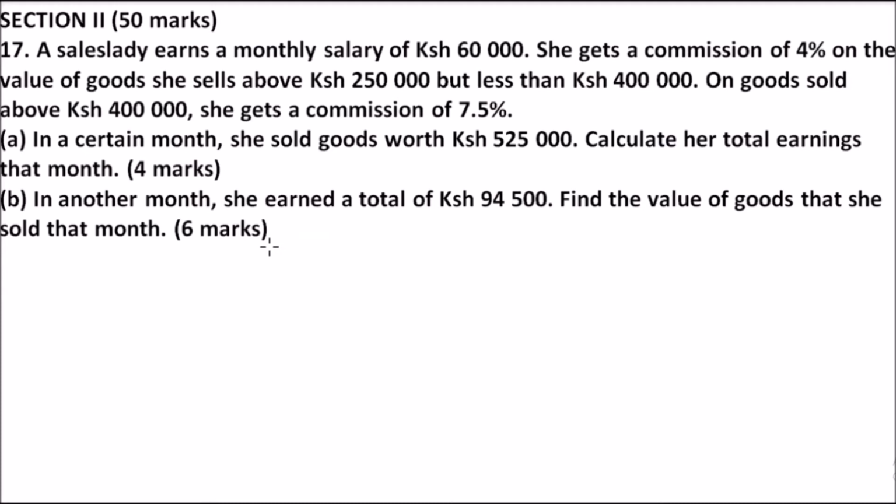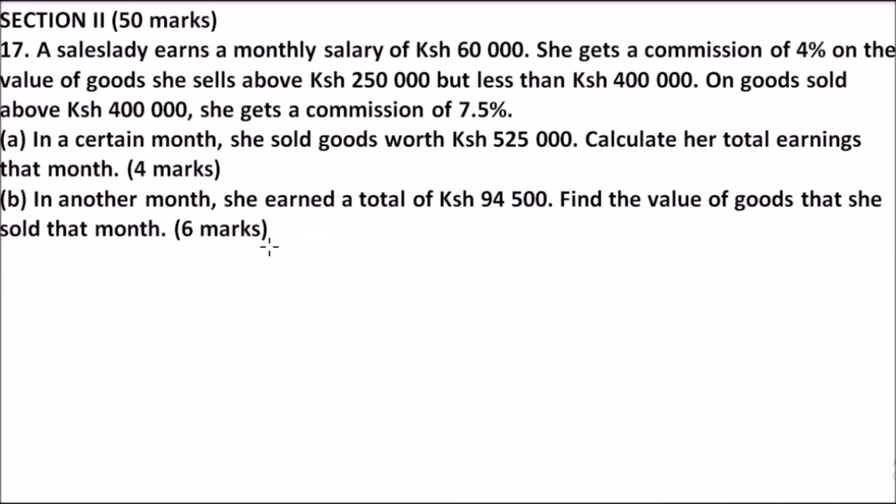On goods sold above 400,000 Kenyan shillings, she gets a commission of 7.5%. In a certain month, she sold goods worth Kenyan shillings 525,000. Calculate her total earnings that month. In another month, she earned a total of 94,500 Kenyan shillings. Find the value of goods that she sold that month.